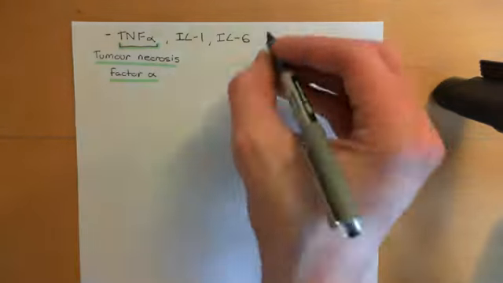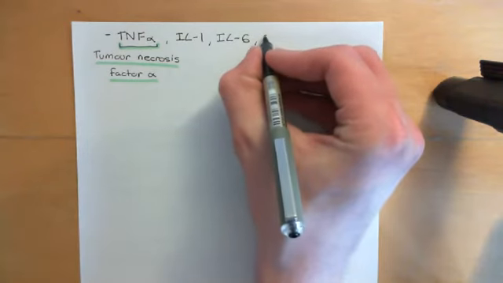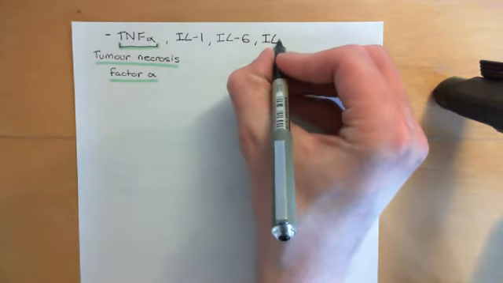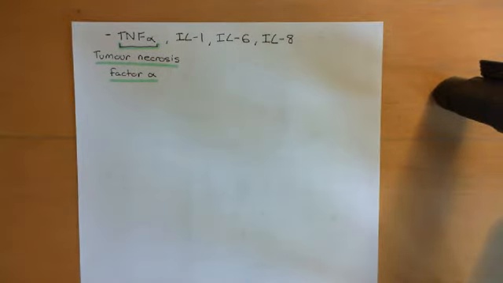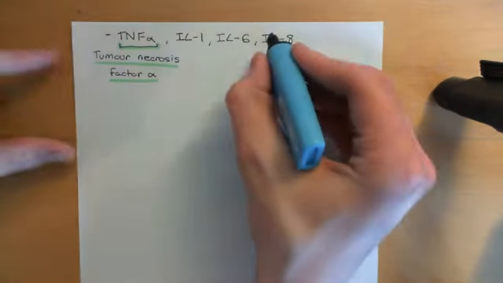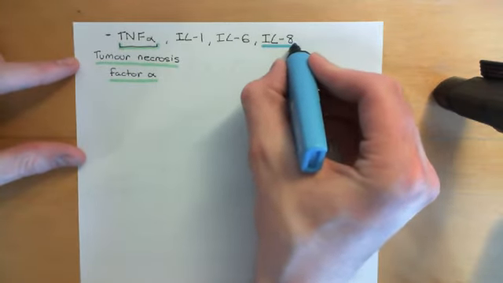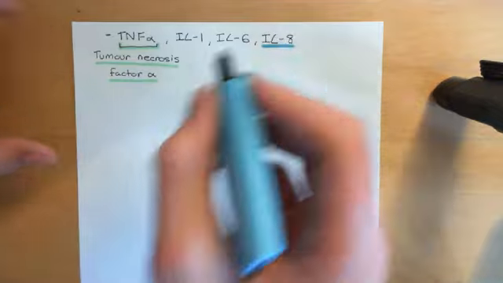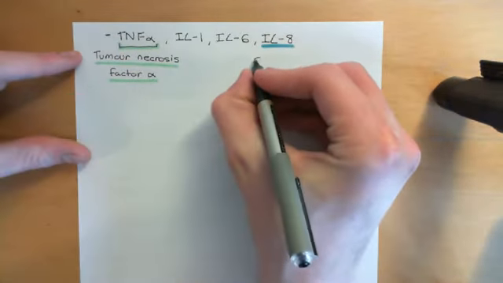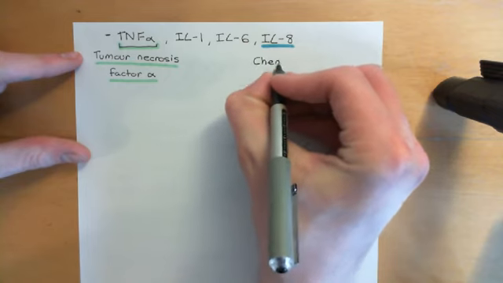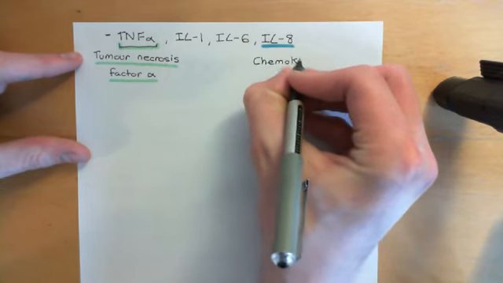Then we have a molecule called interleukin-8. I just want to talk a little bit about the nature of interleukin-8. All of the other molecules that we see are going to be classified as cytokines. Interleukin-8 is a molecule that's released by immune cells, and it does affect the behaviour of other immune cells. But it's going to be called a chemokine rather than a cytokine.